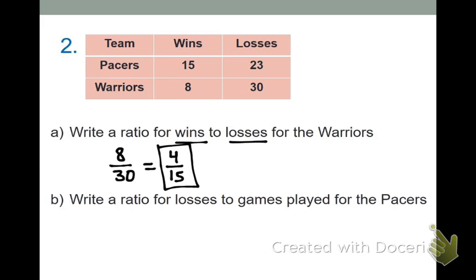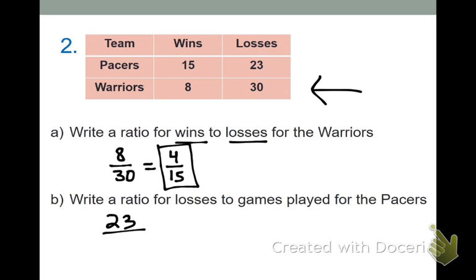Now we're going to go to problem B. It says write a ratio for losses to games played for the Pacers. So make sure you're looking at the Pacers and not the Warriors. What am I going to write down first? Their losses or their games played? Losses. How many losses did they have? 23. Now, does it say up here in my chart anywhere how many games they played? No, it doesn't. So how do I find how many games they played?